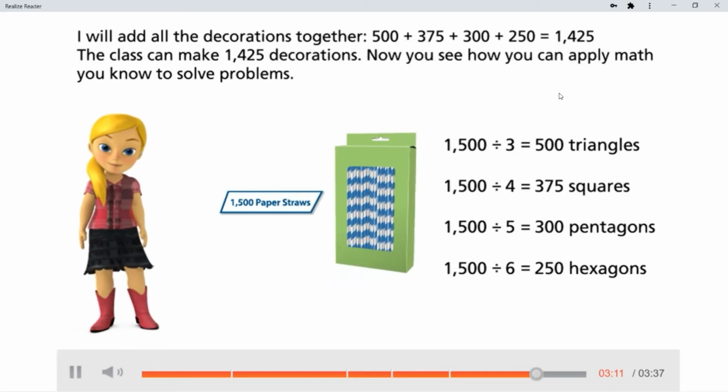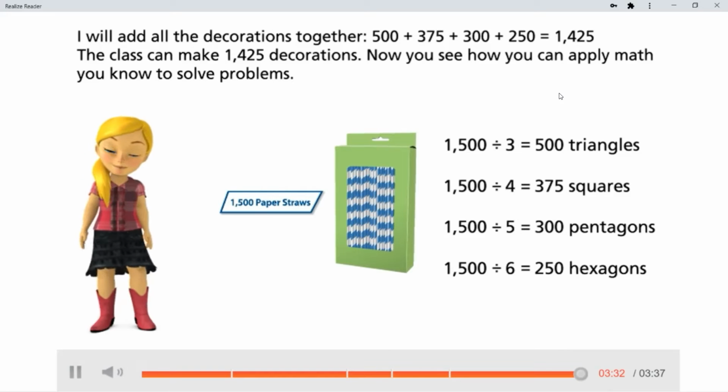I will add all the decorations together. 500 plus 375 plus 300 plus 250 equals 1,425. The class can make 1,425 decorations. Now you see how you can apply math you know to solve problems.